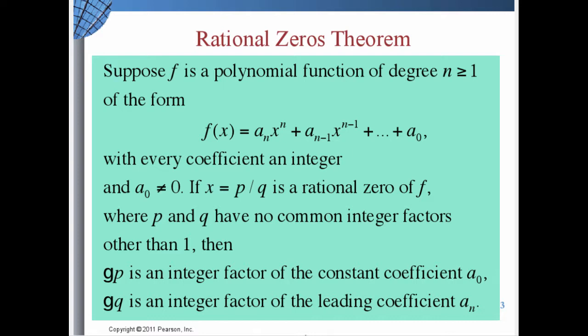If x equals p over q is a rational zero of f, where p and q have no common integer factors other than 1, then p is an integer factor of the constant coefficient a sub 0, and q is an integer factor of the leading coefficient a sub n.